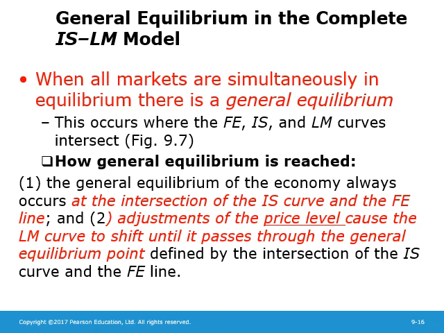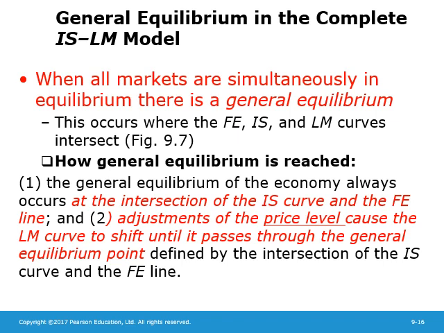So the point of intersection of the three lines, the FE line, the IS curve, and the LM curve, is the point of general equilibrium, because FE represents equilibrium in the labor market, IS represents equilibrium in the goods market, and LM in the asset market. When the three curves intersect at one point, this means that the three markets are in equilibrium.